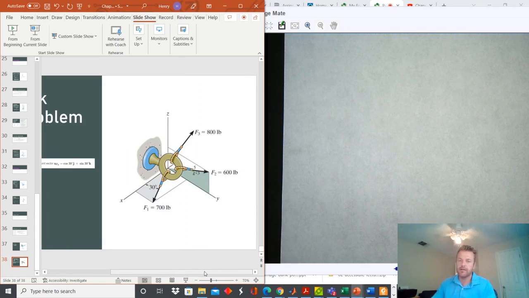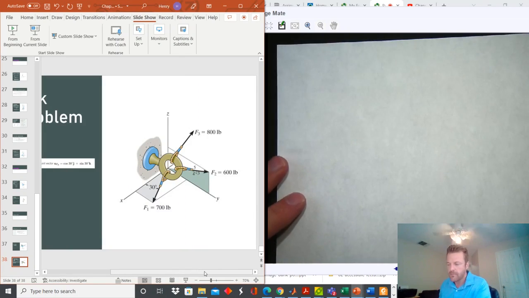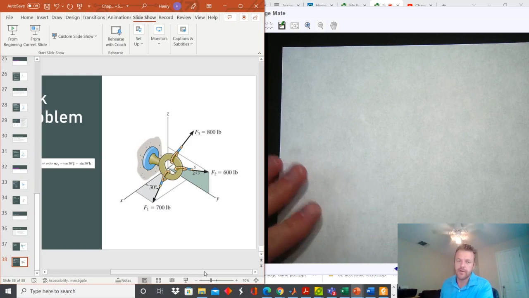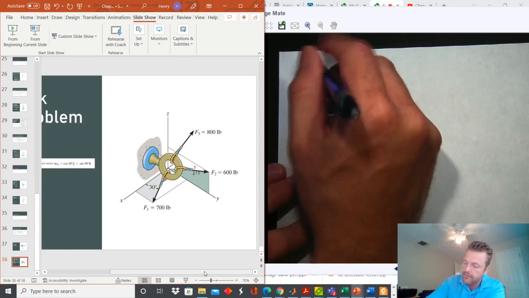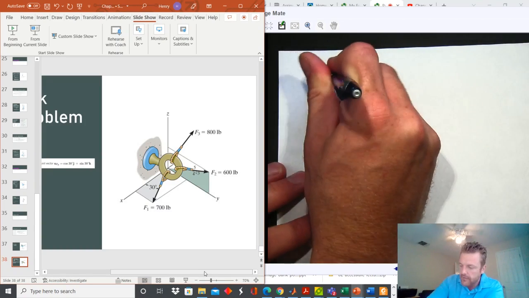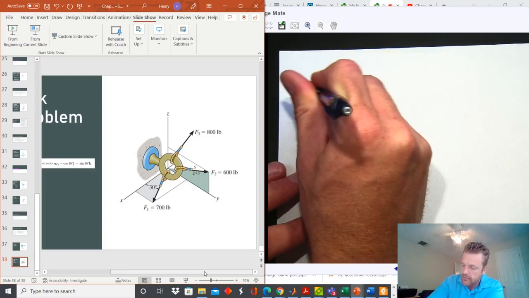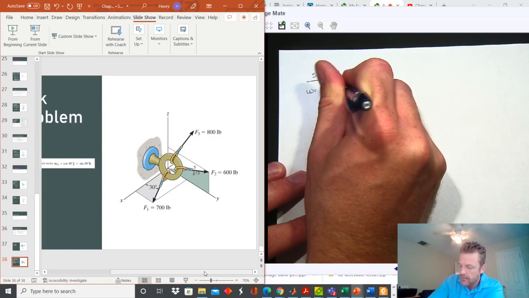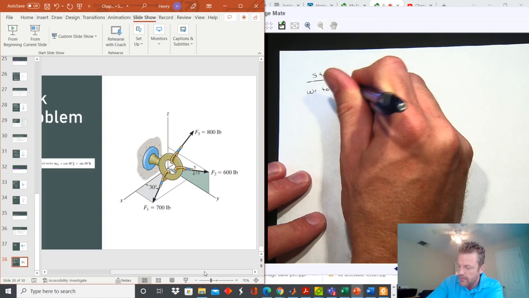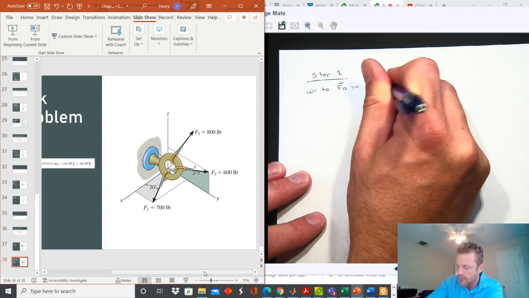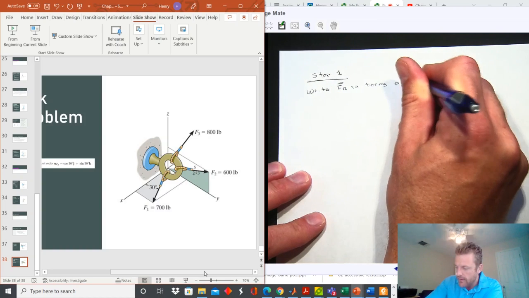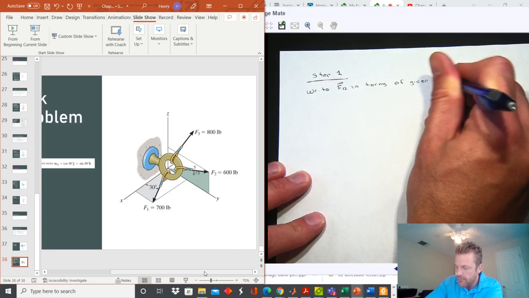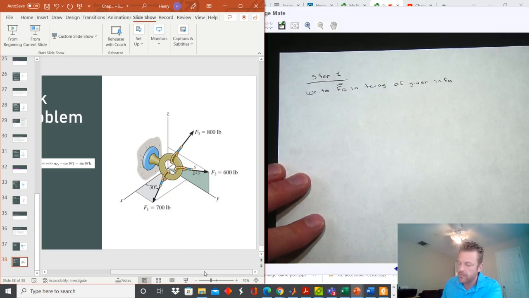So what you want to do here is kind of develop a linear system in order to solve for the unknowns that you don't have. So the first step that I would do is write FR in terms of your given info, kind of like what you know and what you don't know. So if you think about what you were told, you were told a unit vector in the direction of FR.